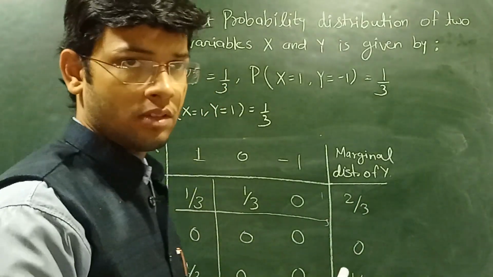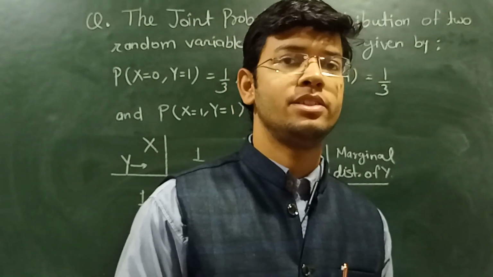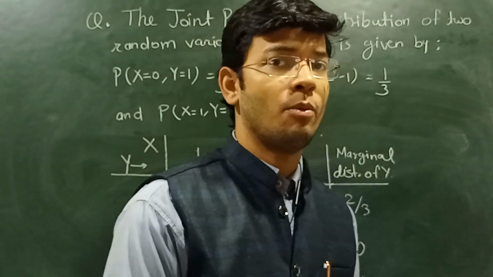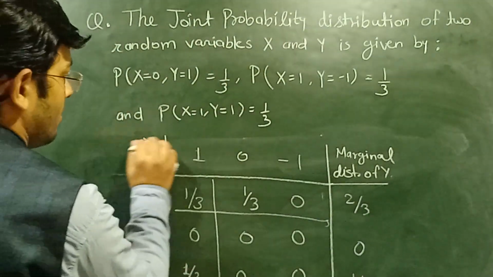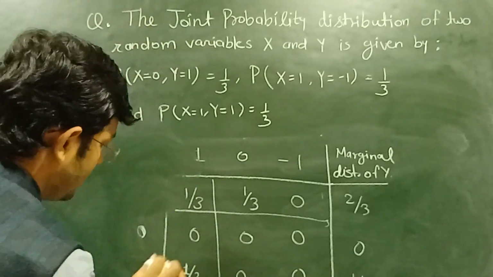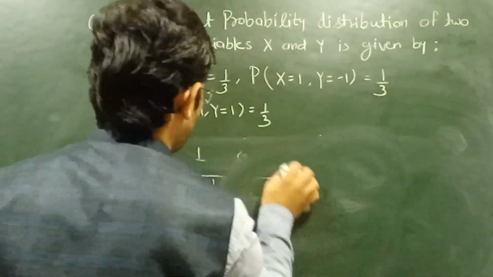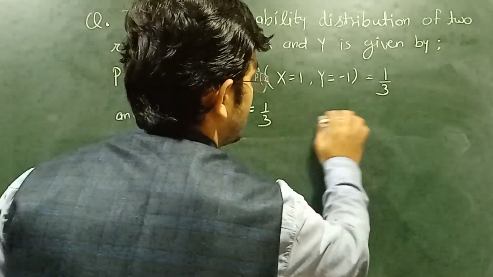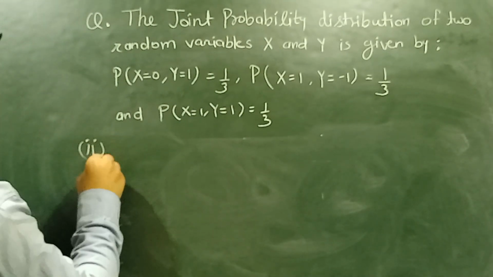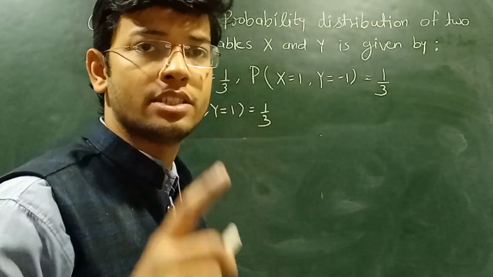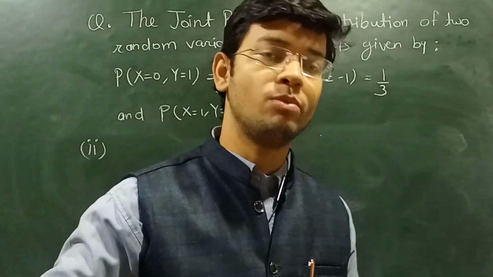So the first question is solved, and now the second question is how to find the conditional probability of x when y is equal to 1. The second question was to find the conditional distribution function of x when y is equal to 1.